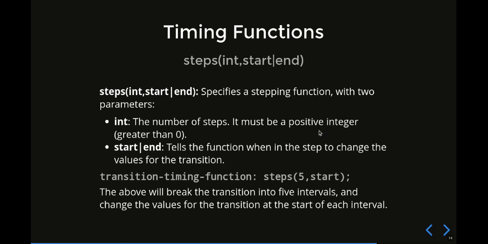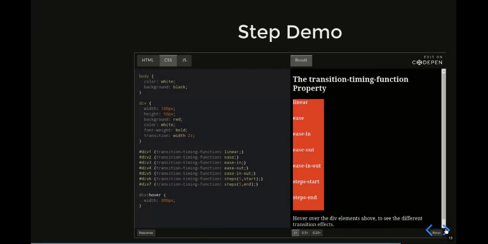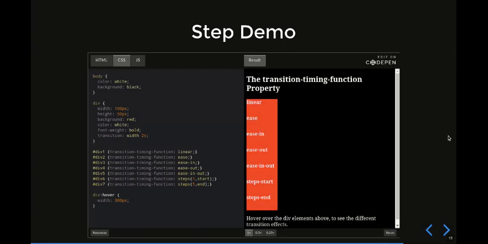It has to be a whole number, obviously, because you can't have a half step. But that's really all it needs, is a number of steps. And then this second parameter decides whether the movement of the step happens at the beginning or the end. And that's a little bit difficult to see, but we might be able to see it in the example on here.